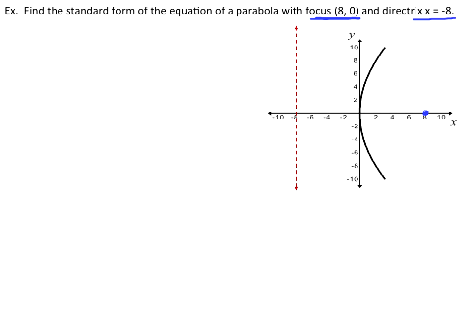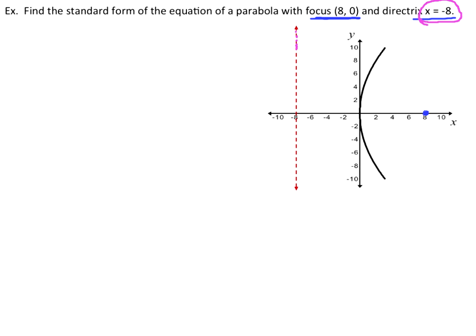Okay, so we are asked to find the standard form of a parabola that has the focus (8, 0) and the directrix x equals -8. Now, even if I didn't have a picture here to look at, I would know that this particular parabola opens left or right. And I could deduce that it opens to the right by solely looking at the directrix.